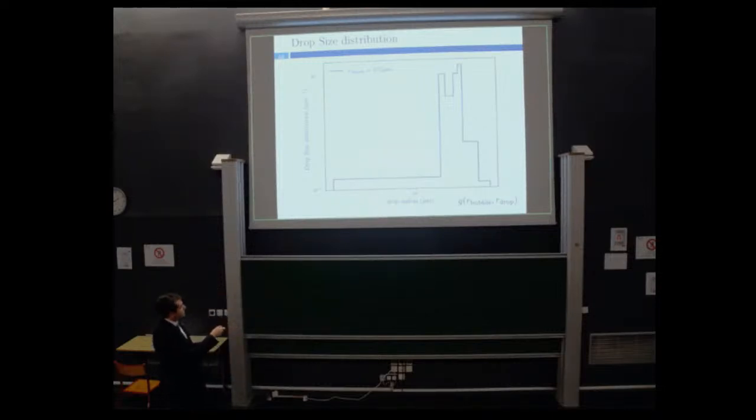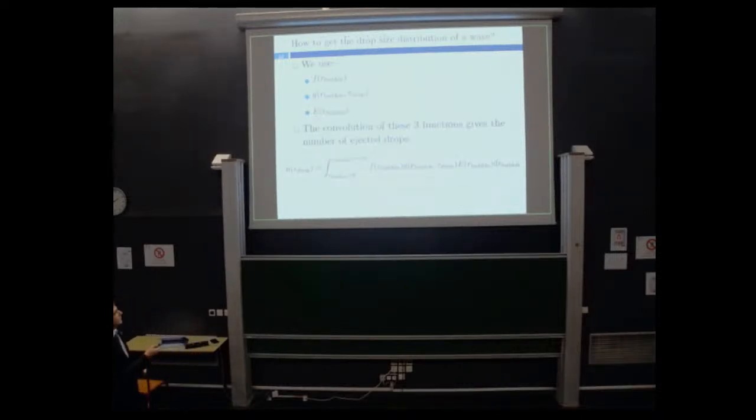And of course, if you sum all the probability, you get a probability equal to 1 to have a droplet in this range. When we perform that for different bubble size, and then by interpolating this function between the different bubble size, you get a function giving you the probability to get a droplet of size R drop for a bubble of size R bubble.